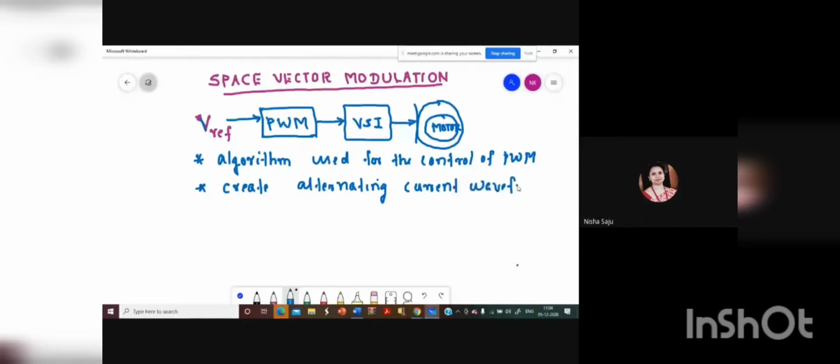We create this alternating current waveform to drive three-phase AC powered motors at varying speed.